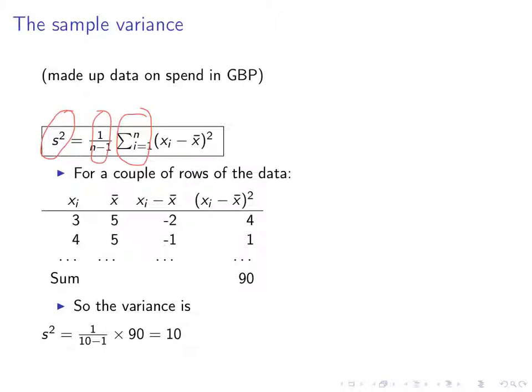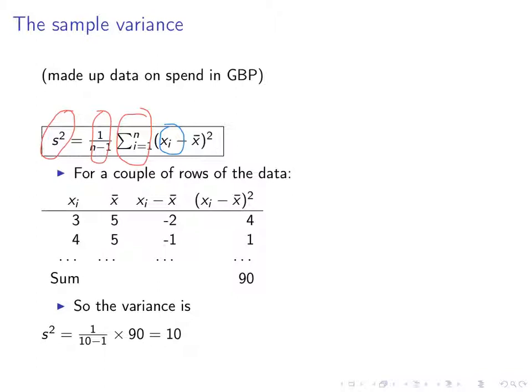So we need to look at what we're being told to do, and what we're being told to do here is take the data point x subscript i. We have a whole set of data points we call x, and we identify the data points like we do rugby players by numbers: x subscript 1, x subscript 2, x subscript 3, and so on, all the way through to x subscript n.